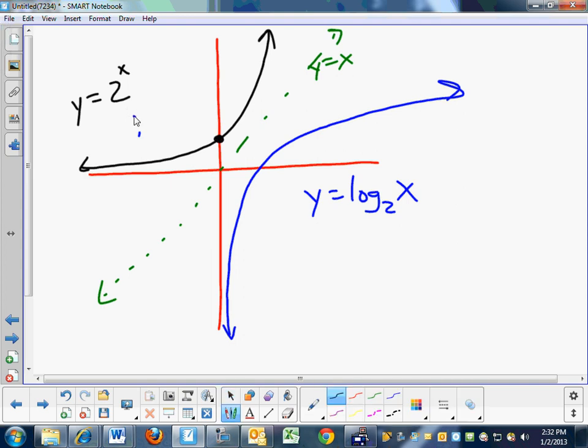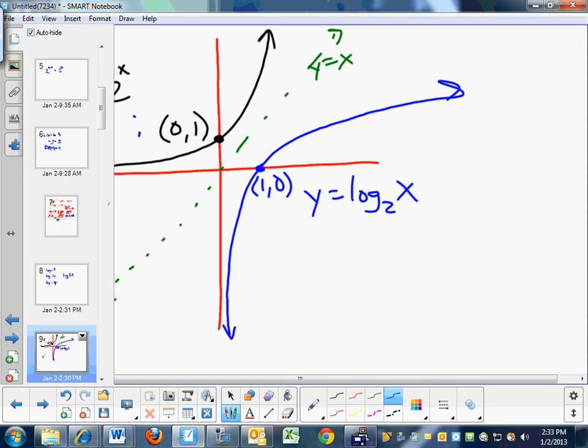What point was this right here? 0, 1. Good. So all of the logarithmic ones are going to pass through this point, which is 1, 0. Just that reflected across the line y equals x. So we know that that's true. It passes through 1, 0. We have to see about the other piece. So let's see if we can figure these out.